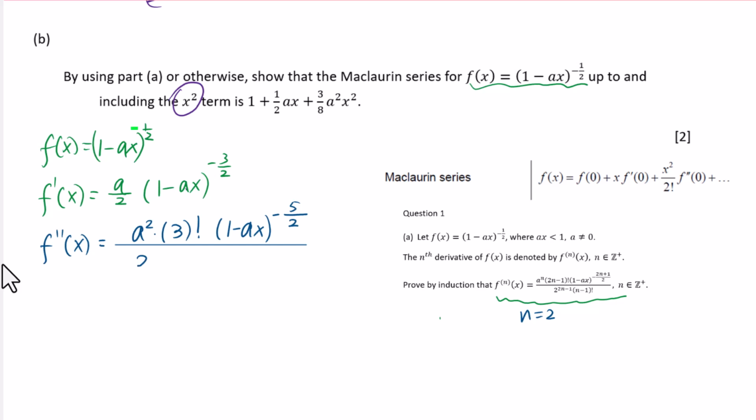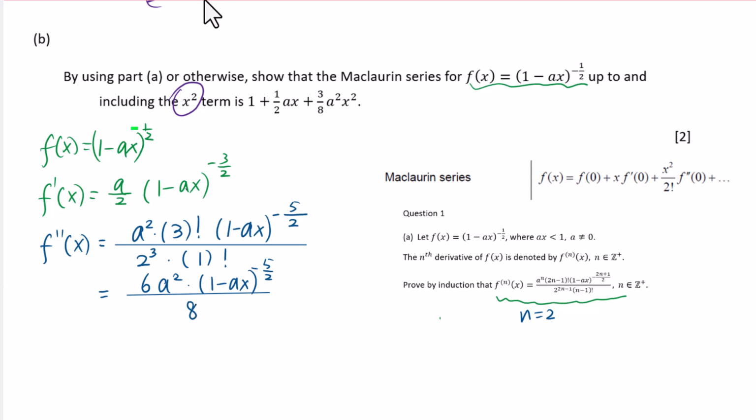Denominator 2 to the power of 3 times 1 factorial. Organize. 3 factorial is 6, a squared times 1 minus ax to the power of negative 5 over 2. 2 to the third power is 8.